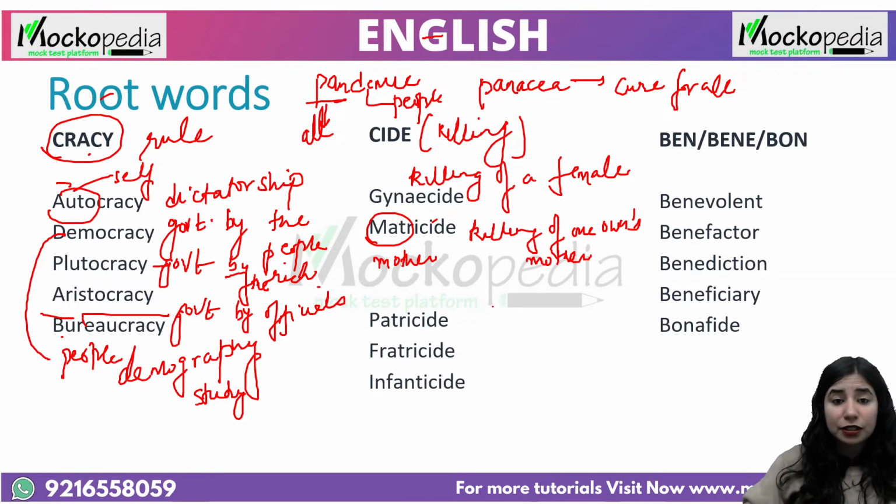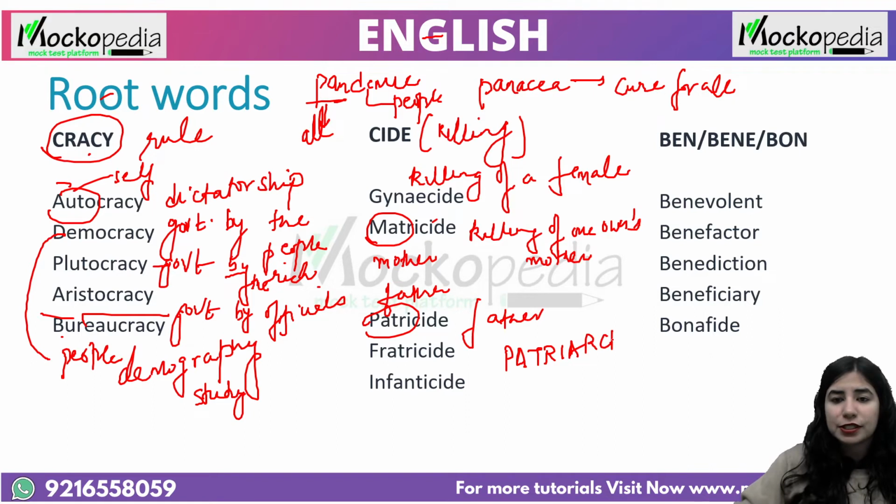And there is another word that I'll try to teach you. We'll do it after patricide. Patri stands for father. So killing of one's own father is patricide, right? You must have studied in your junior classes, when you studied civics, that India is a patriarch society.